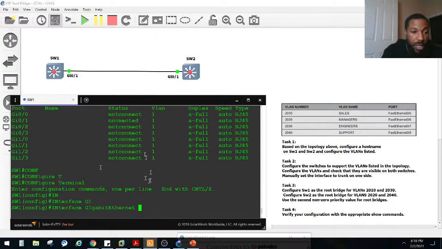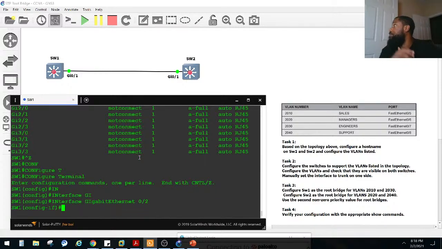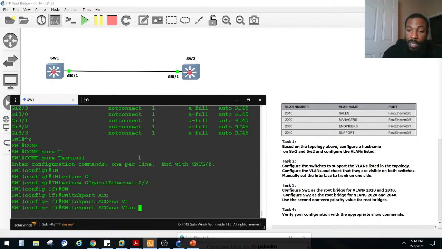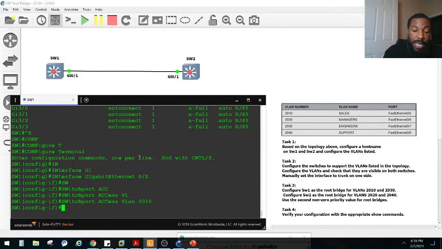Interface gig 0/2. Hobie, yeah, that's on the old Catalyst CatOS switches, where you need to get out of the VLAN database. Okay, didn't know that. I thought it was like that with the new ones too. So we just do switchport access VLAN 2010 to put that one in that VLAN.